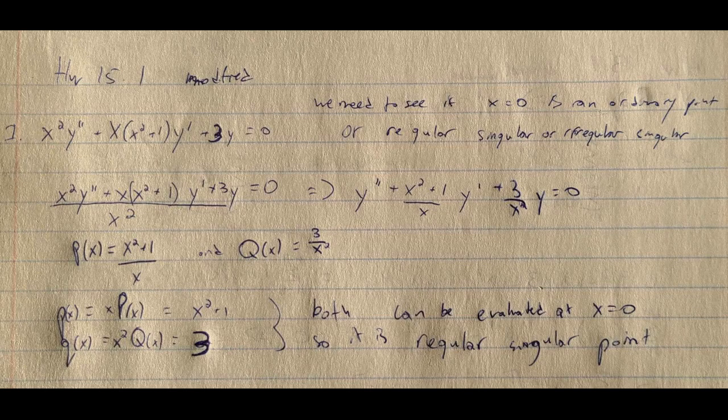So lowercase p of x is x squared plus 1. And lowercase q of x, once we multiply by x squared, is 3. Both of these are analytic at x equals 0. So that makes it a regular singular point.